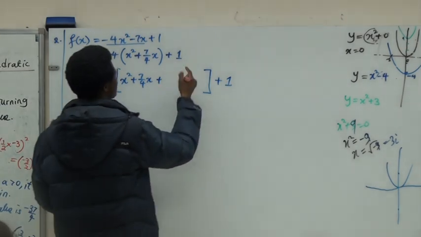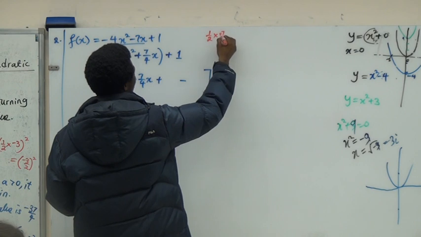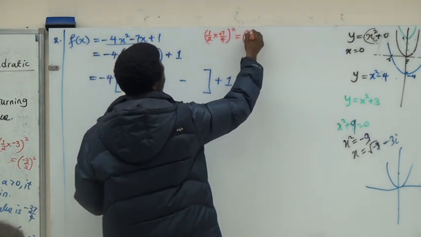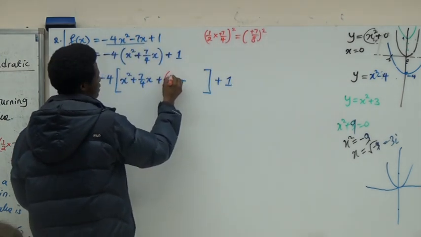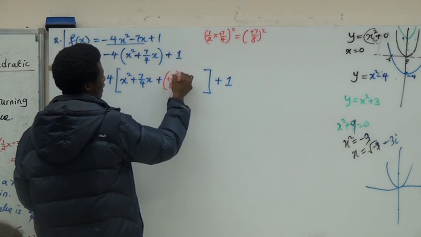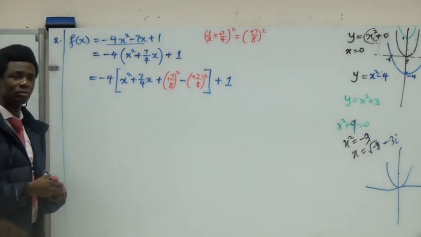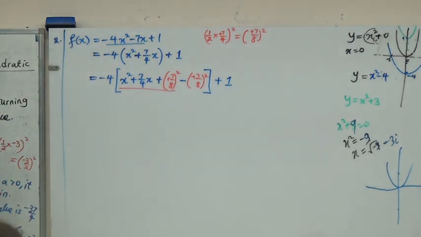So let's figure out what this is. Half times 7 over 4, plus 7 over 4 all squared, gives us 7 over 8. So this is going to be plus 7 over 8 all squared, minus 7 over 8 all squared. Do you agree? So this can match while the other is going to be simplifying.